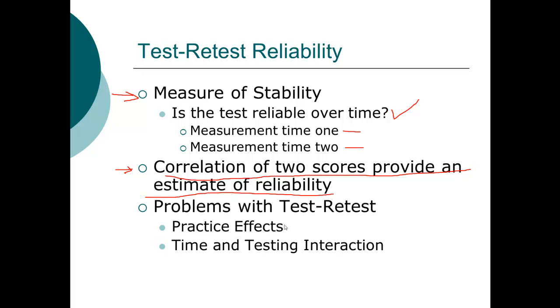Your problems: a student takes that test enough times, the chances are they're going to get some answers right that they got wrong. And then time and testing interaction. You take a test one time, you go back and have a chance to study. Well, that offsets the first time you took it. So it does have some drawbacks.